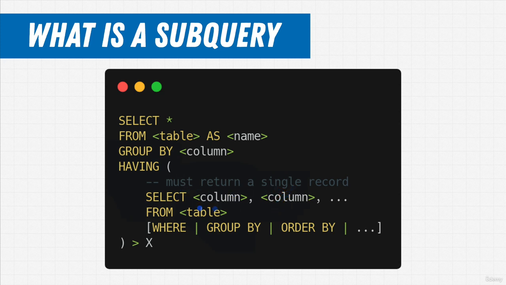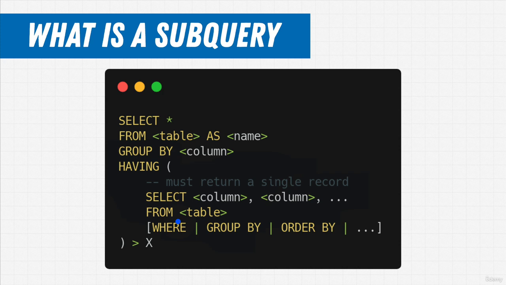That is not possible with the subquery, even though a subquery is a query. So technically speaking, you could run a subquery with multiple columns, but because you're returning a single record, you're usually going to be using one column, not multiple columns. And so with the having clause, what we're trying to do is compare for the groupings. So we're trying to filter down our groups.